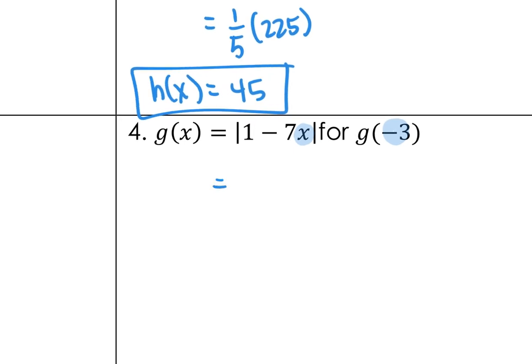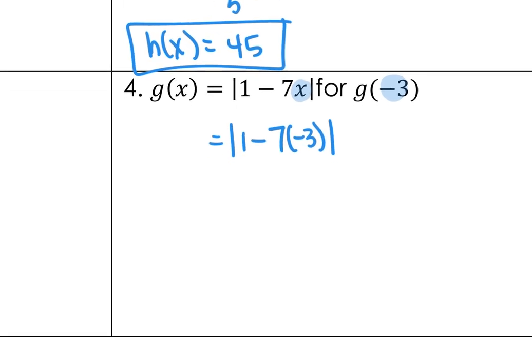So we've got the absolute value of 1 minus 7 times the negative 3. Make sure we don't forget those absolute value bars. We are going to simplify inside of the absolute value bars first. So we're going to do this multiplication.